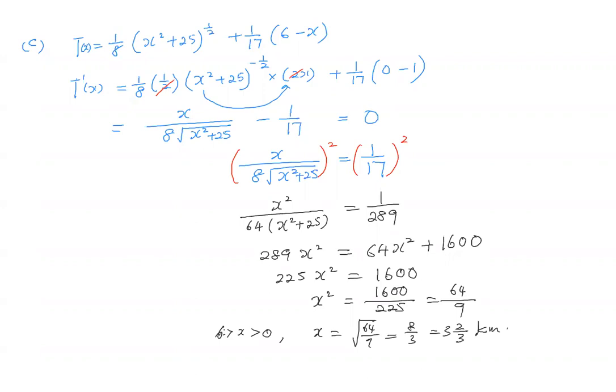So, am I done? Find x such that dt over dx is equal to 0. I've done the first part. Explain the significance of this value. To explain it, I must see whether this x will produce the maximum time or minimum time of traveling.